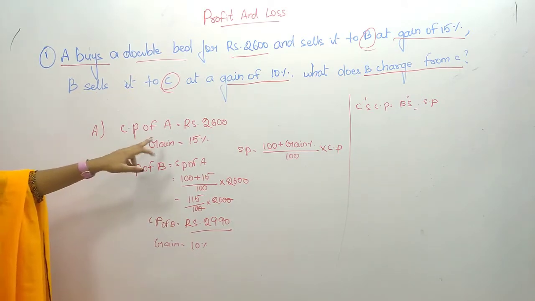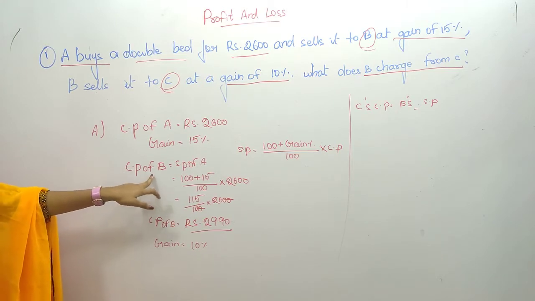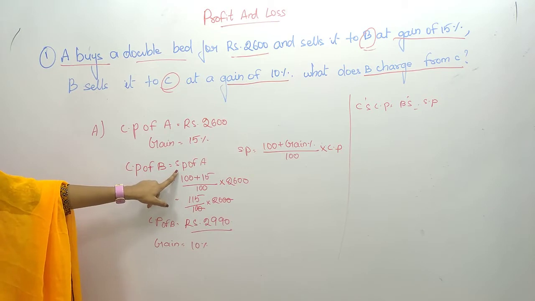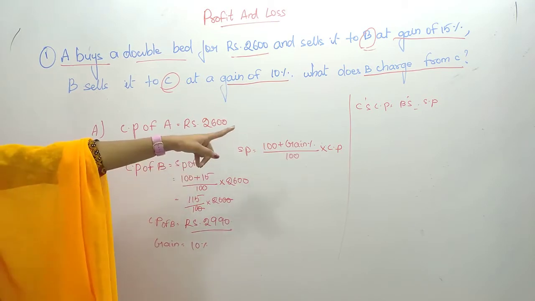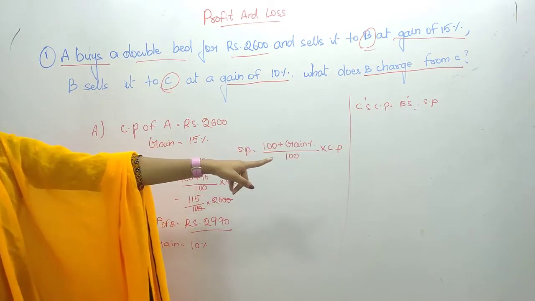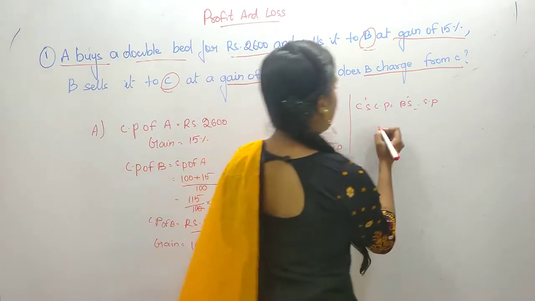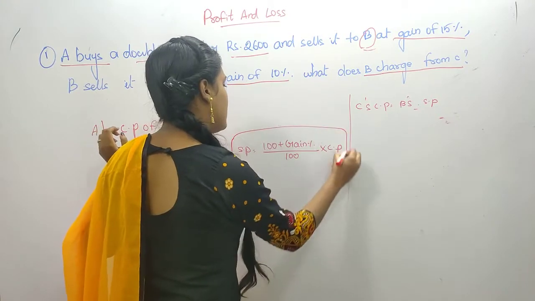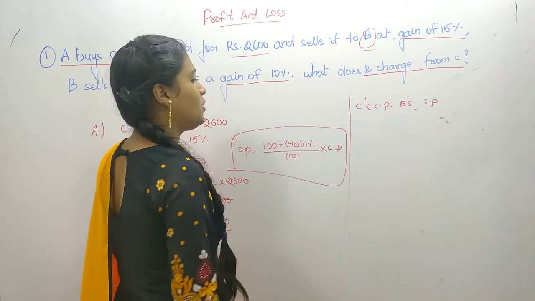Then we will find the selling price the same way. The formula is SP is equal to (100 plus gain) by 100 into cost price.